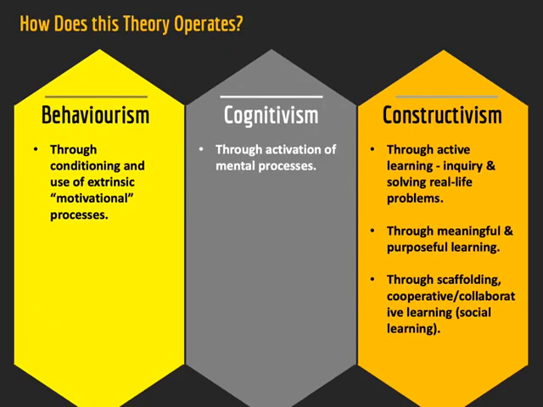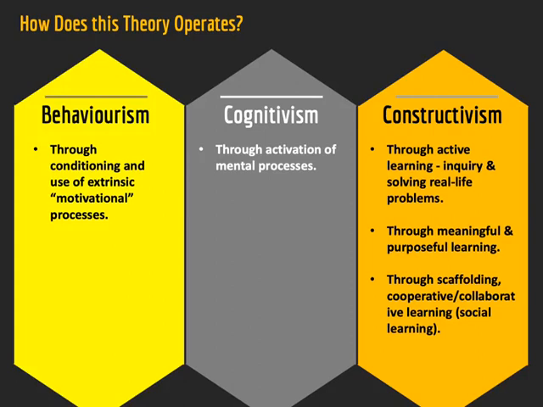How do these three learning theories operate? Behaviorism operates through conditioning and the use of extrinsic motivational processes, whereas cognitivism operates through activation of mental processes.